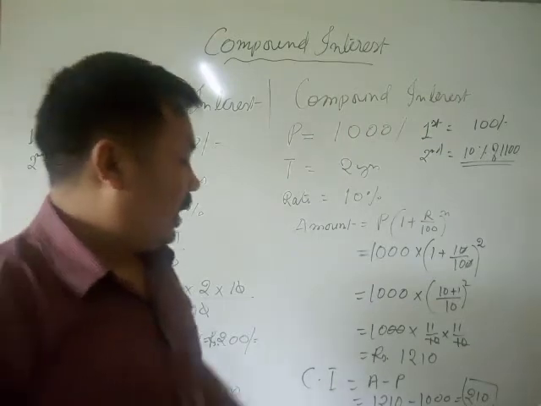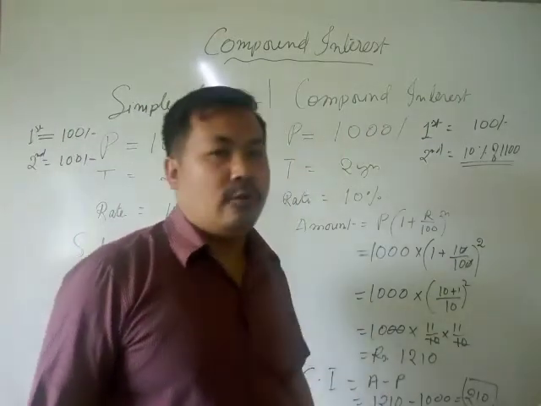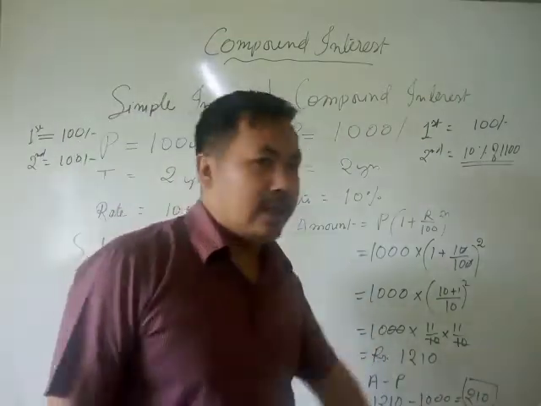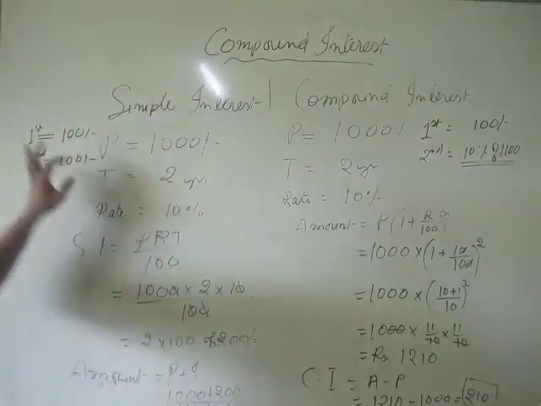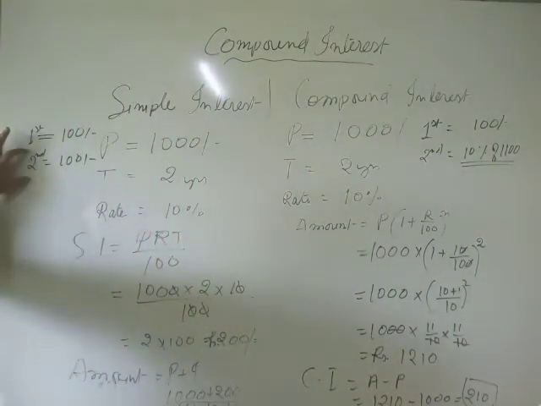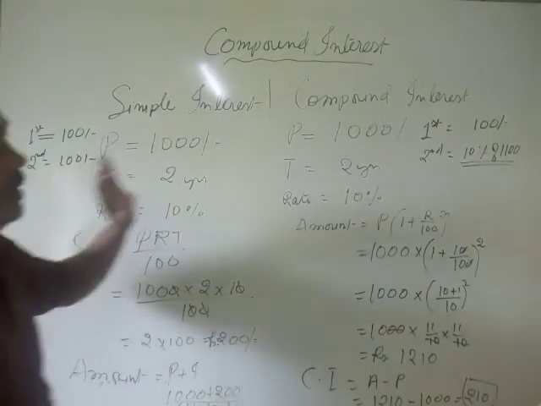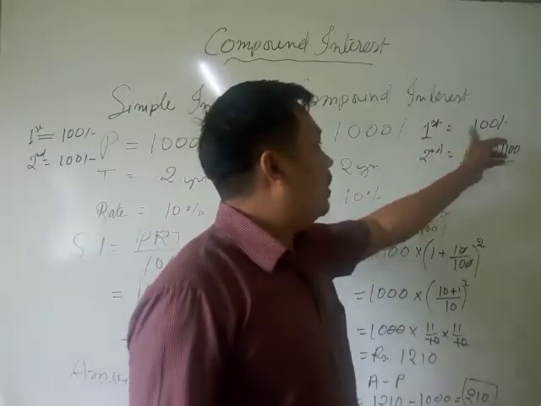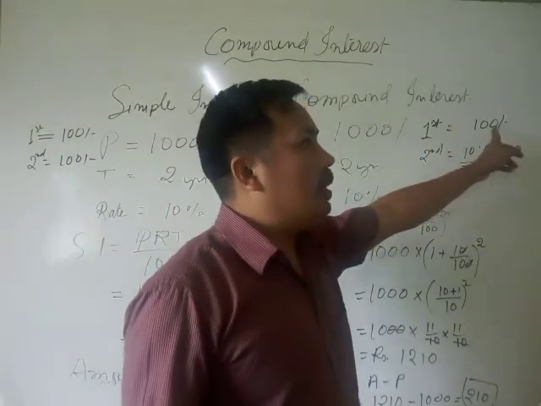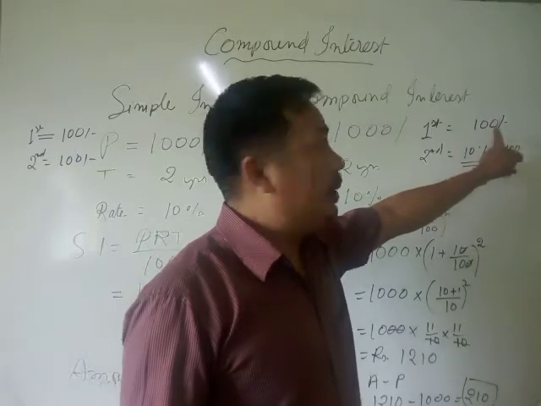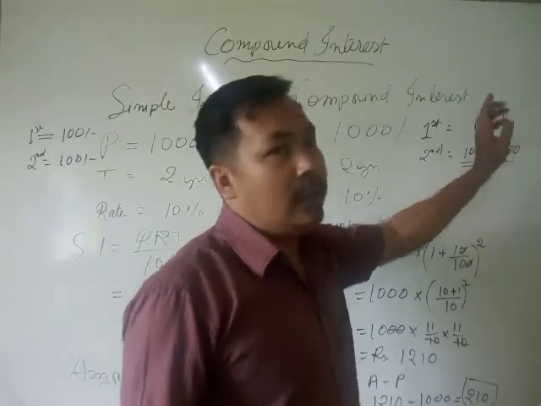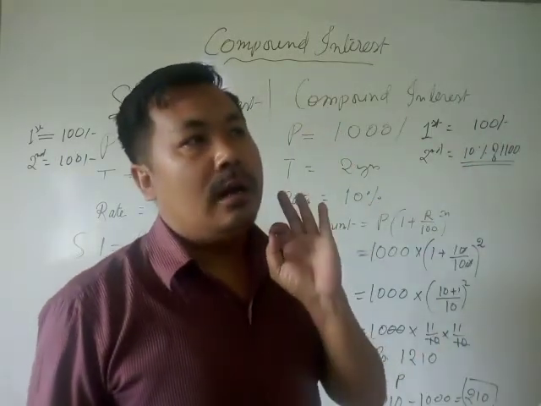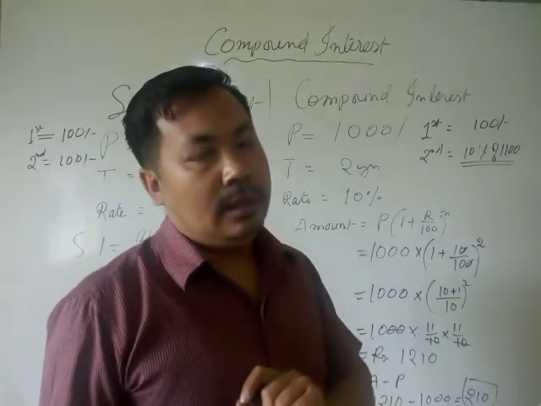Correct? That's why another 10 rupees is more here. Understand? Your way gives 100 in the first year and 100 in the second year. But here the combined interest: interest rate is 10%, so 100 in the first year, and this 100 will also be included in the principal of the second year.